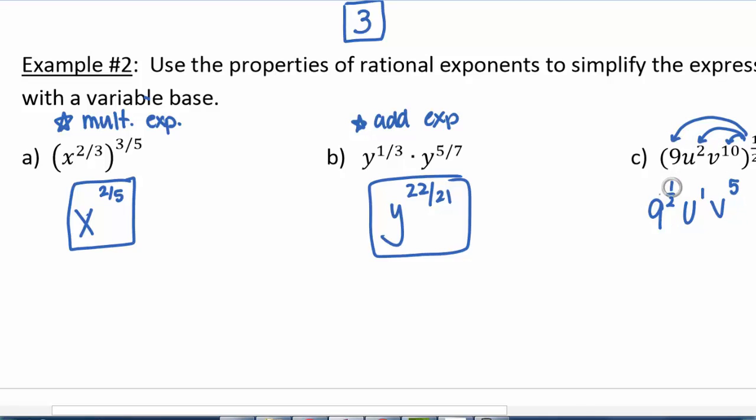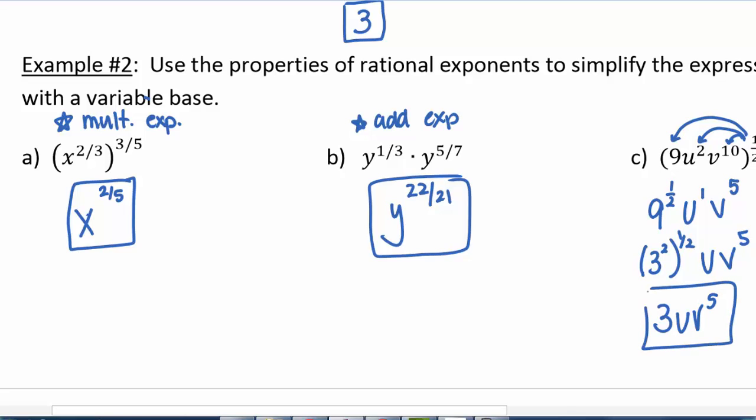So we do need to look at our numbers and just make sure they're fully simplified. Remember, 9 is 3 squared to the 1/2 times u times v to the 5th. 2 times 1/2 is 1. 3u v to the 5th. Okay, so always just make sure your numbers are fully simplified.